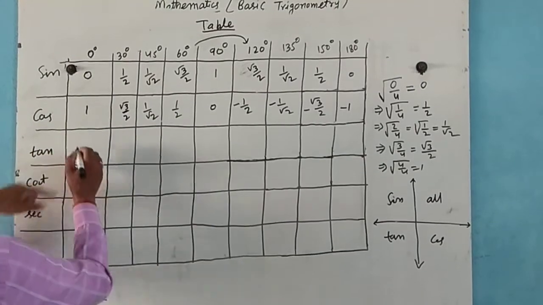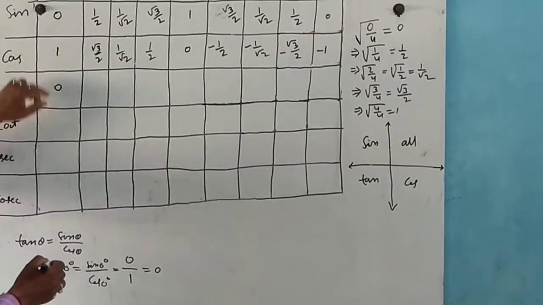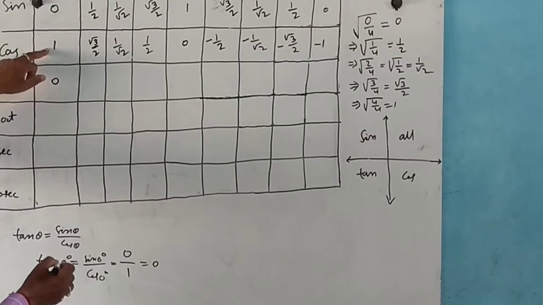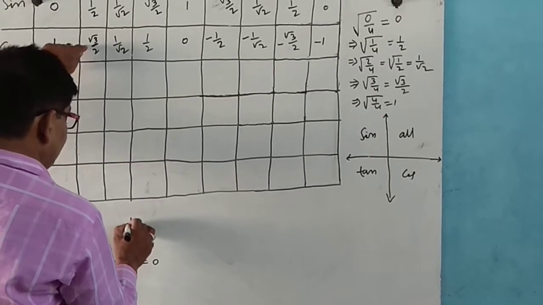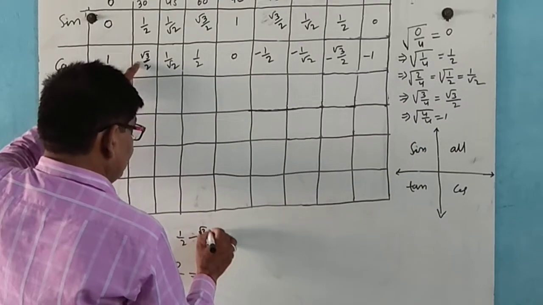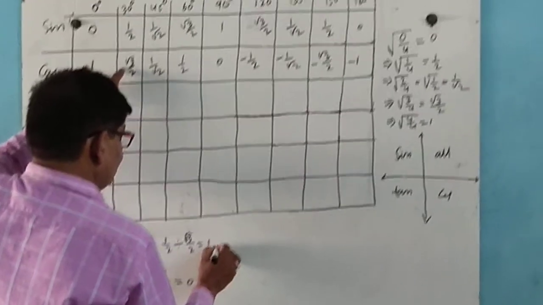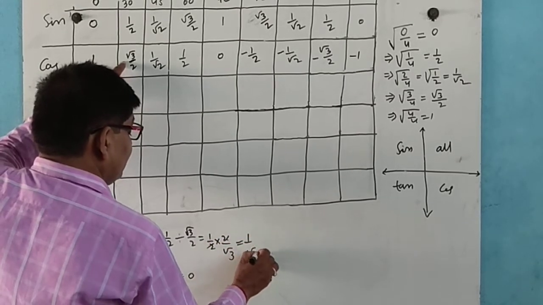Tan 0 means 0. For tan 30, we divide sin 30 by cos 30: 1 by 2 divided by root 3 by 2, it means 1 by 2 into 2 by root 3, this cancels, 1 by root 3.